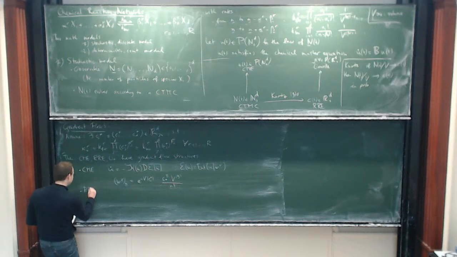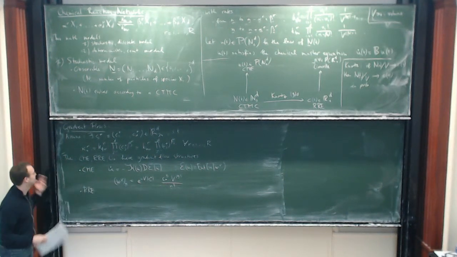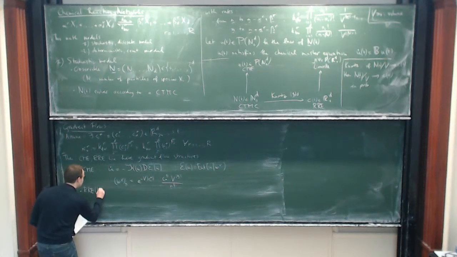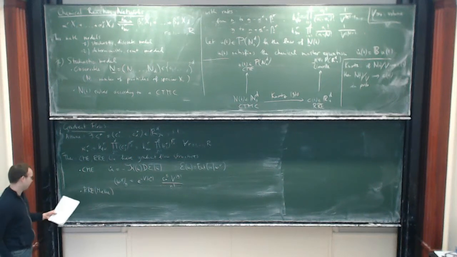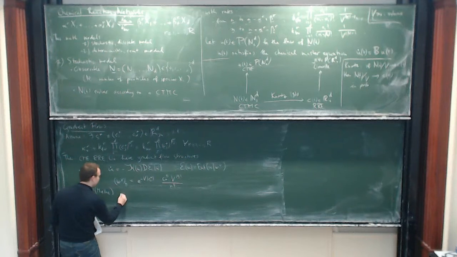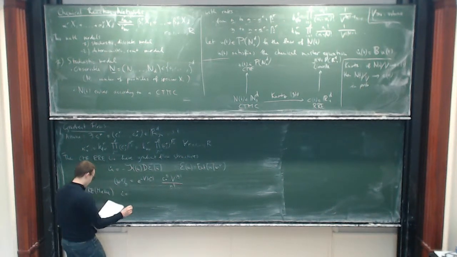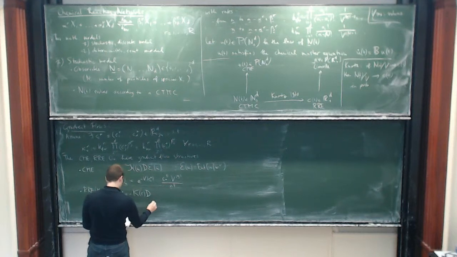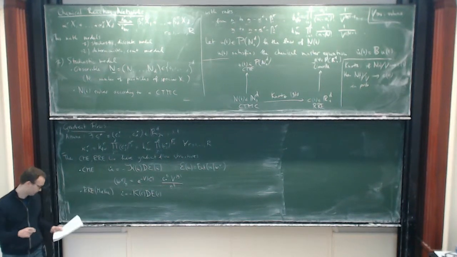Okay, then for the reaction rate equation, there's a gradient flow structure, and this has actually been discovered by Mielke. So he showed that you can also write the equation for C in a similar form. So C dot equals minus another K times the derivative of my entropy.